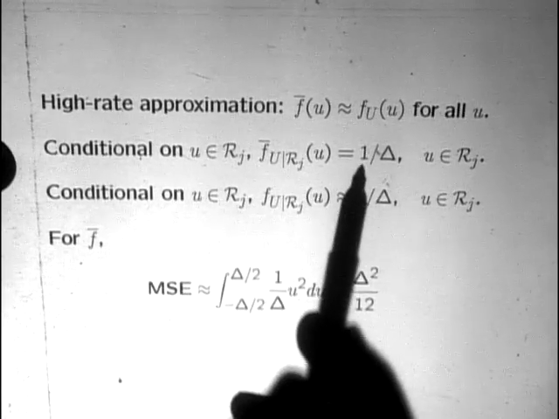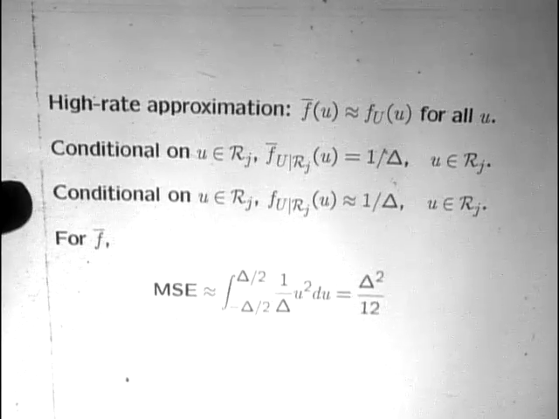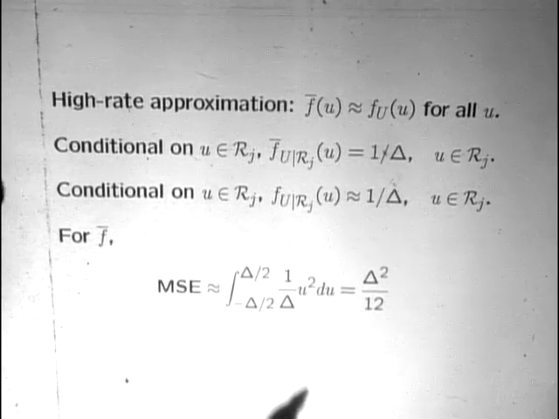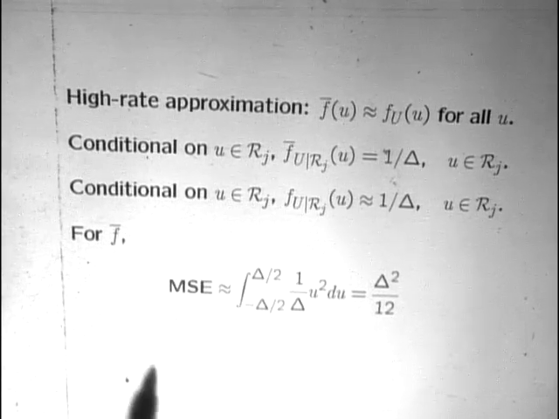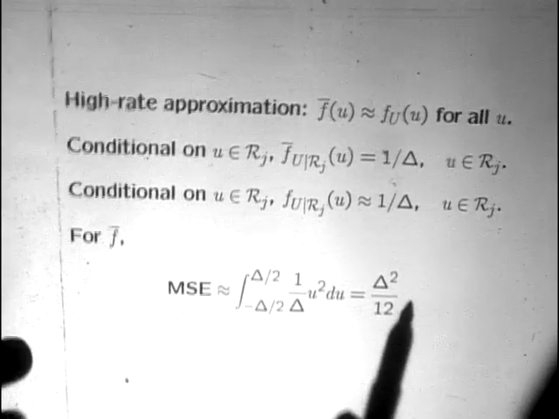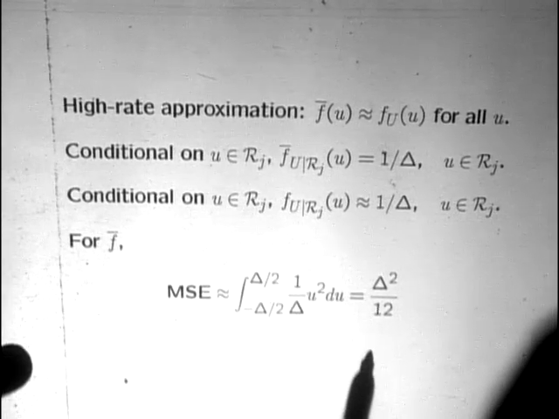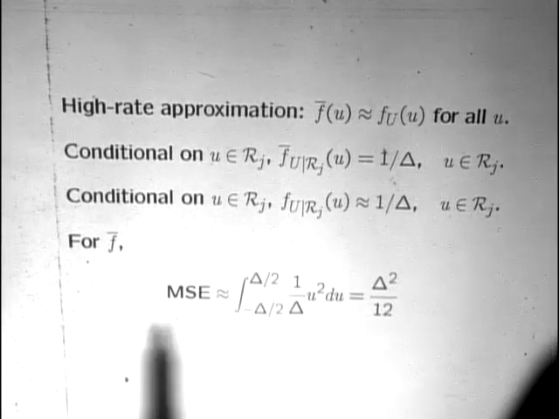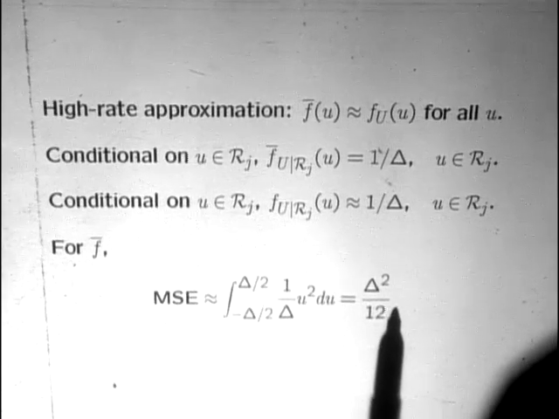It's constant and equal to 1 over delta. And the actual density is approximately equal to 1 over delta. What's that mean? It means that the mean square error in one of these quantization regions is our usual delta squared over 12, which is the mean square error of a uniform density in a region from minus delta over 2 to plus delta over 2. So that's the mean square error. You can't do anything with that.